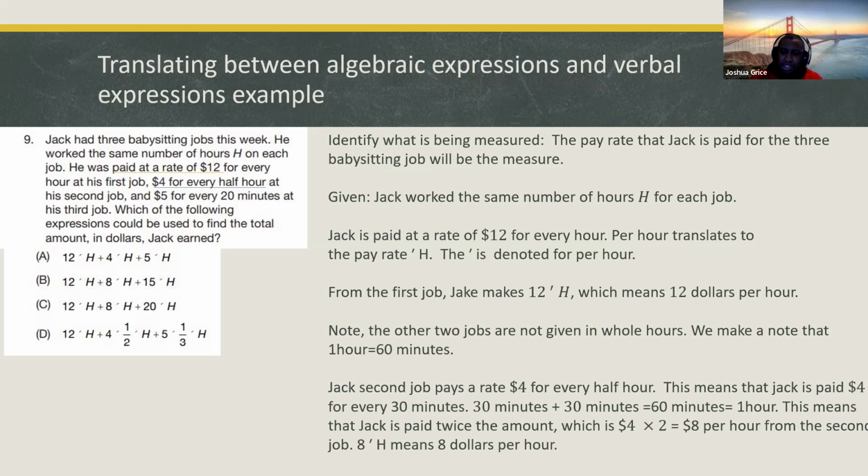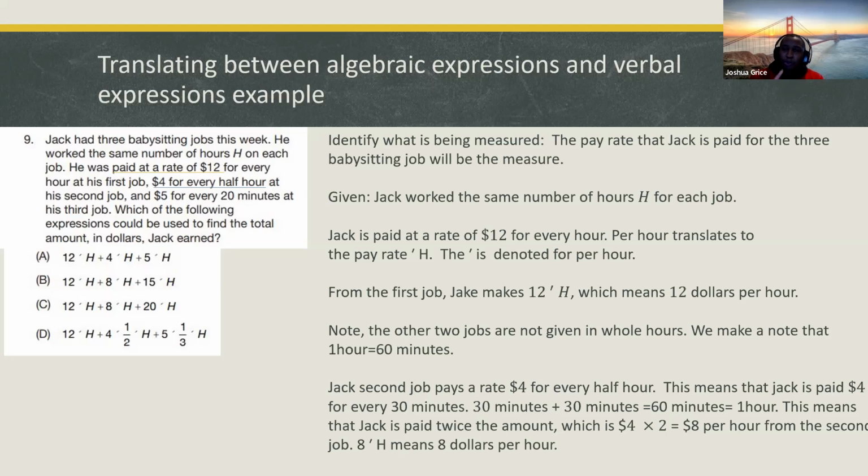Now, note that the other 2 jobs are not given to us in whole hours. Because he works the same amount of hours for each job, we can find the total amount if we know how much he makes an hour from each job. At this moment we don't know, but we can translate it.